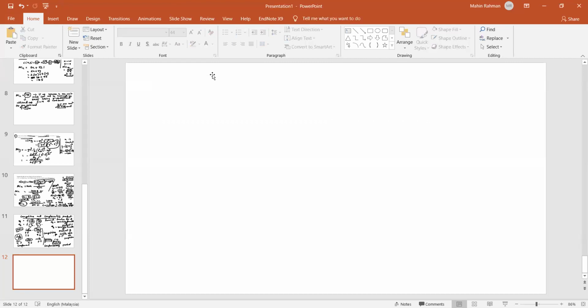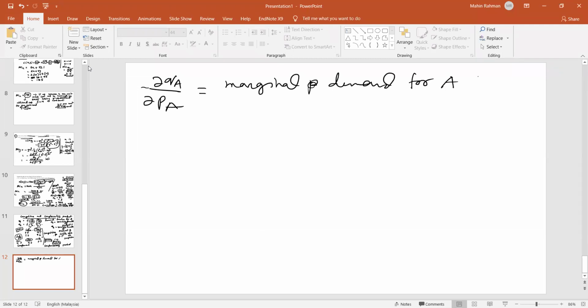But before that, you need to know the marginal demand for product A with respect to the price of product A, which is delta QA divided by delta PA.